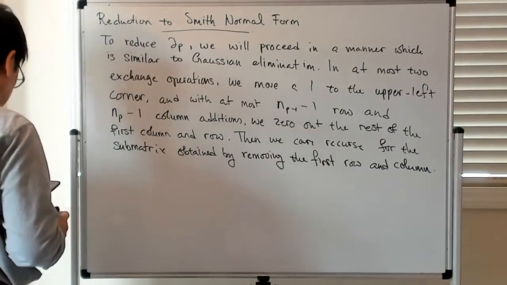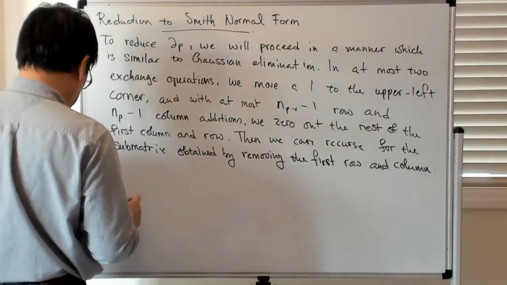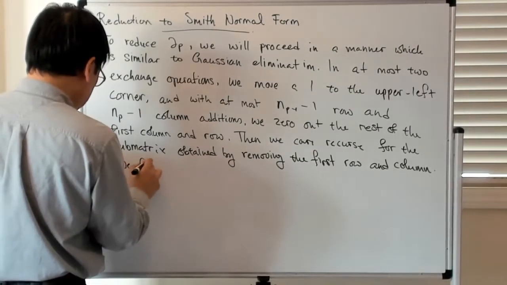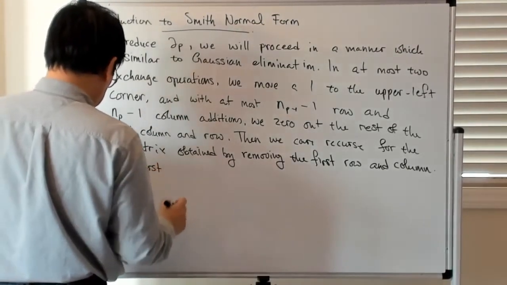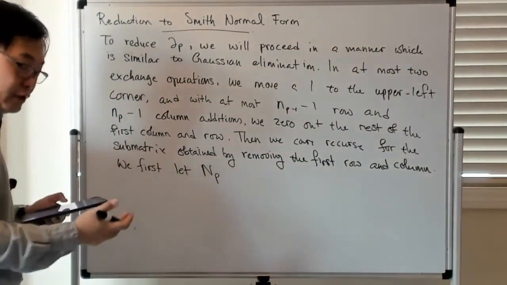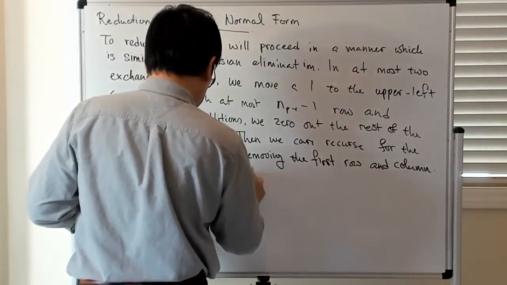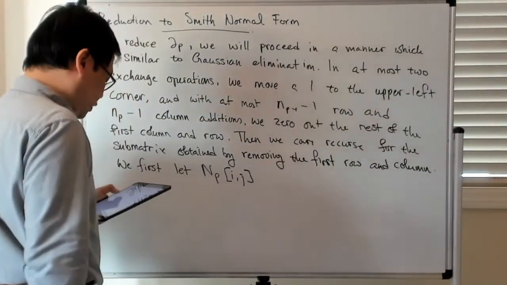Okay, so we first call, let this NP, which is eventually going to give me the normal form operation, right? And then it's indexed by i and j, right?